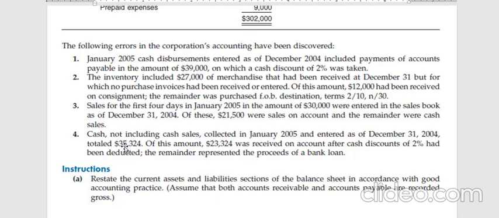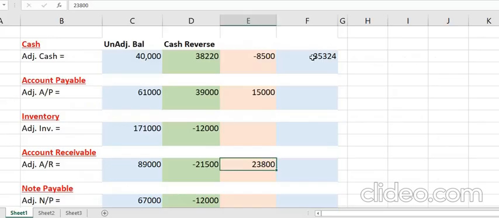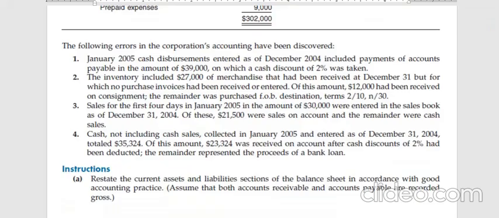So $35,324 we have already reversed. This 35,324 includes two things. One, it includes the money which we received, 23,324, based on the account receivables, and if I subtract this 23,324 from 35,324, we get a remainder of 12,000.